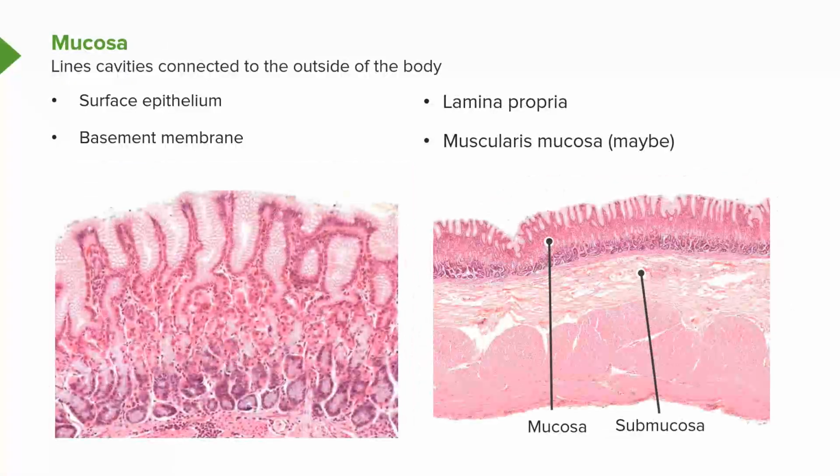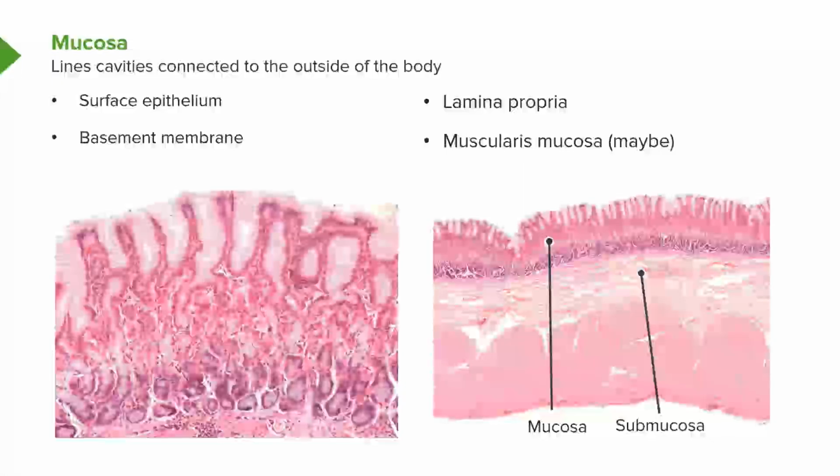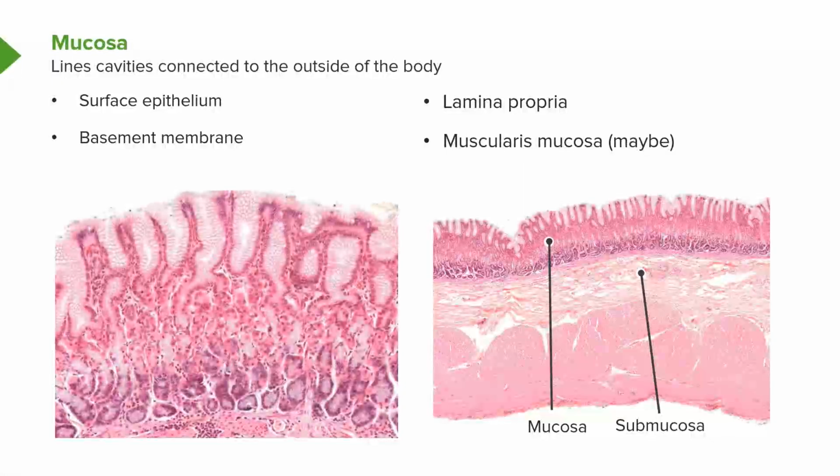Here's another example of the mucosa. This is the stomach mucosa that I asked you to recall earlier on in the lecture. So now you know what the mucosa means. It's labelled here under low magnification on the right-hand side. Underneath it's supported by what we call a submucosa. And I'll talk about that term later on when we look at the description of the structure of the gut wall.